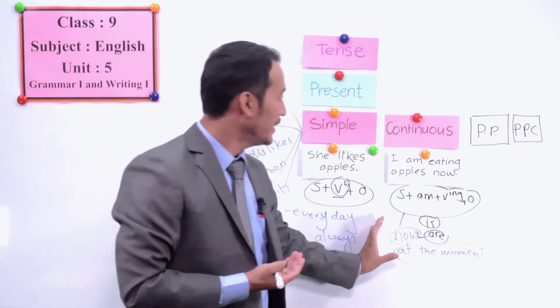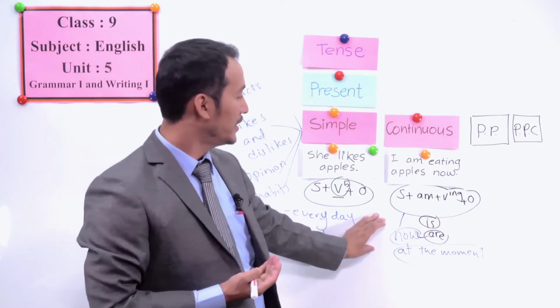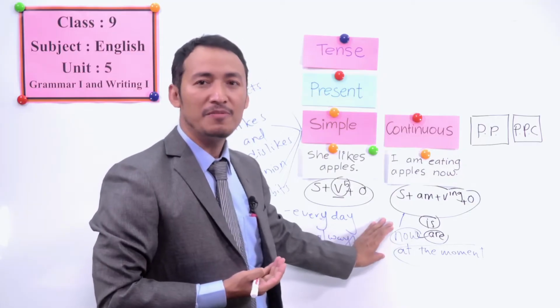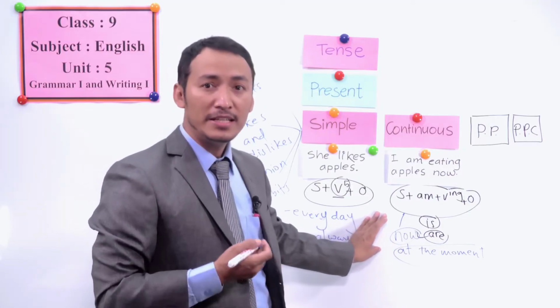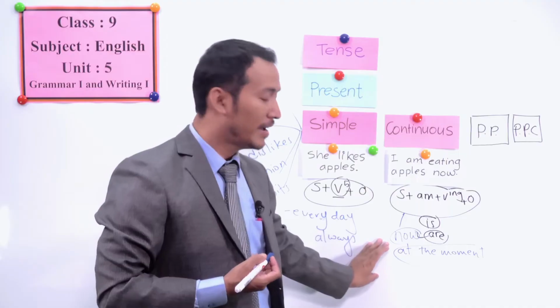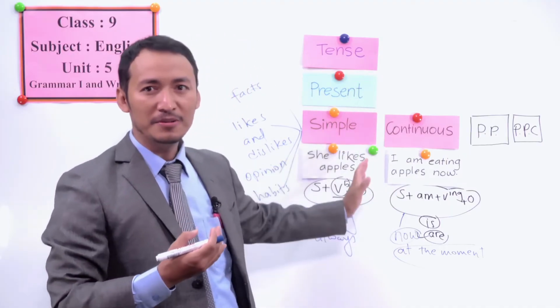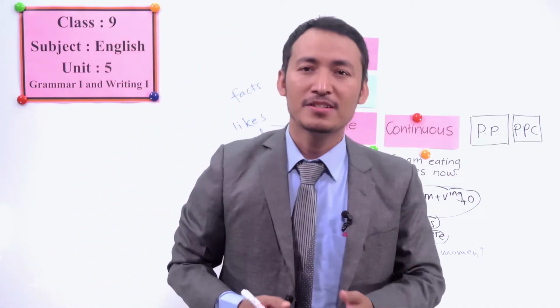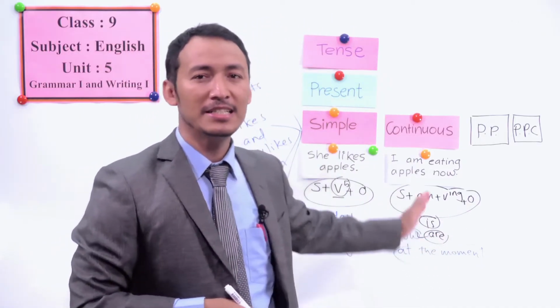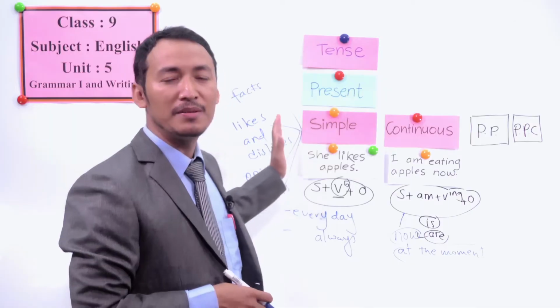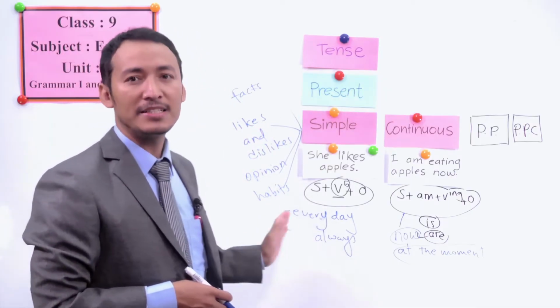Likewise, here in continuous tense, we use continuous form like I'm writing a poem now, I am walking at the moment. Likewise, we talk about actions going on in present continuous tense, and in simple present tense we talk about some facts and our habits.